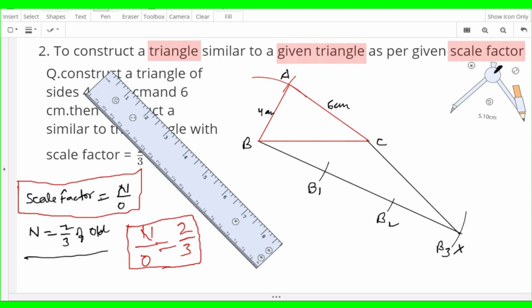Do you know the steps what to do? First you put the pointer at this place and take a convenient length of arc.